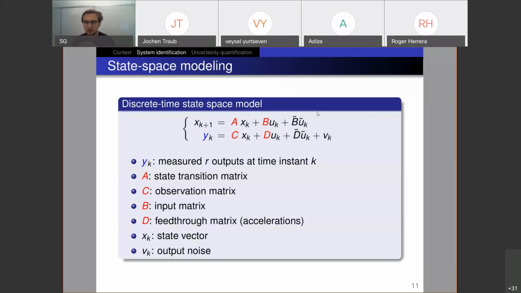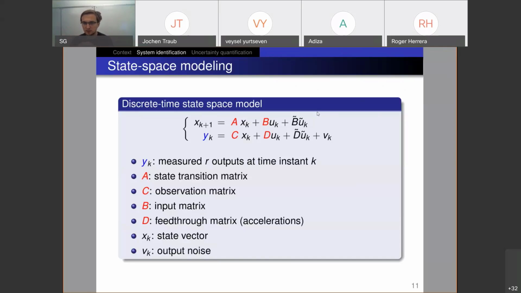The B tilde and U tilde are related to the unmeasured and unknown inputs. The observation matrix C maps the states to our sensor positions. The direct feed-through matrix D also acts on the inputs, and it's null unless we have acceleration responses.